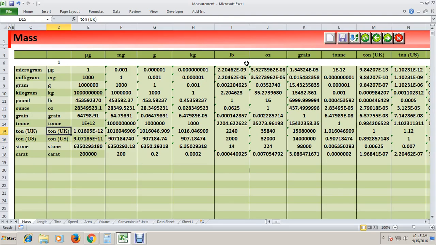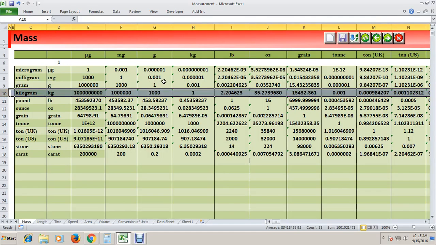What you see in this table are the conversion factors for the corresponding conversion in between these systems of units. So for example, from our standard of units, we'll have the kilogram in this row and in this column. This would be the intersection of kilogram and kilogram.